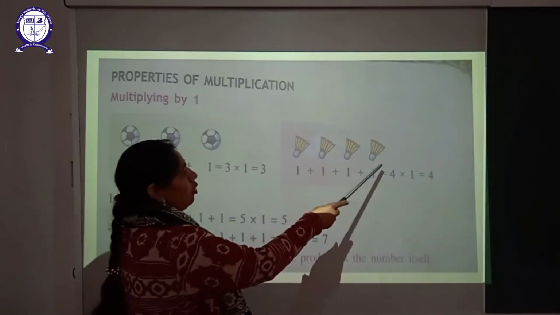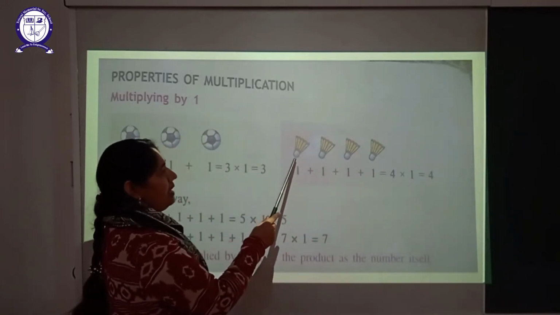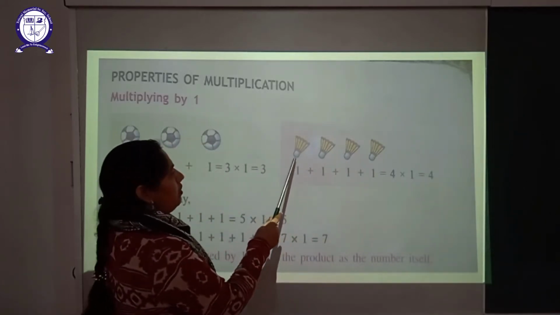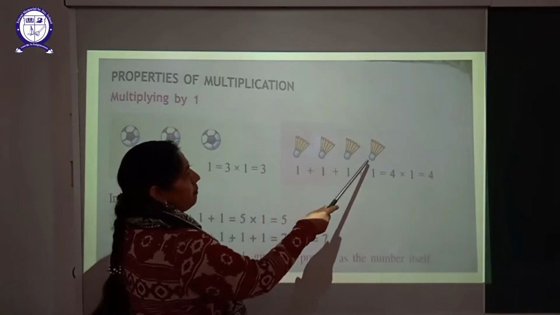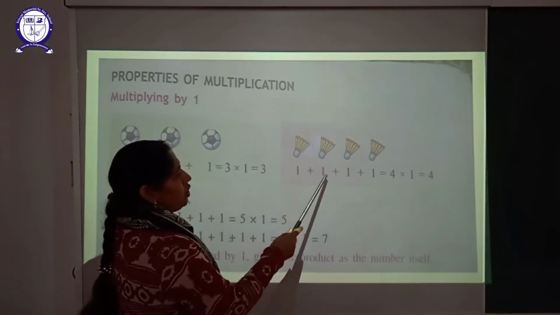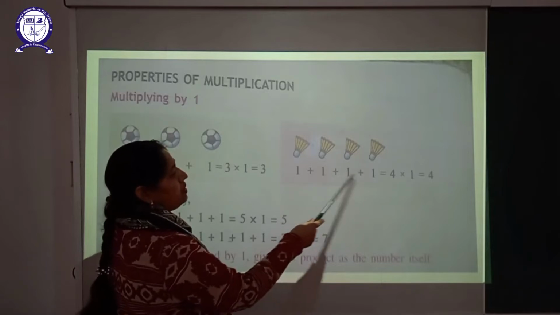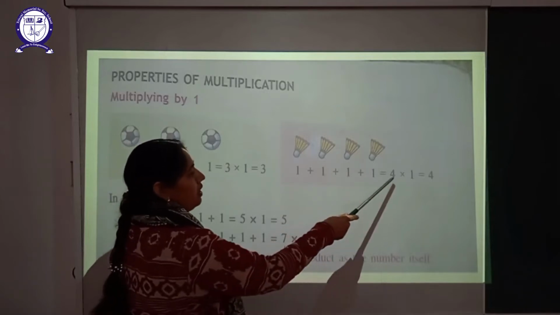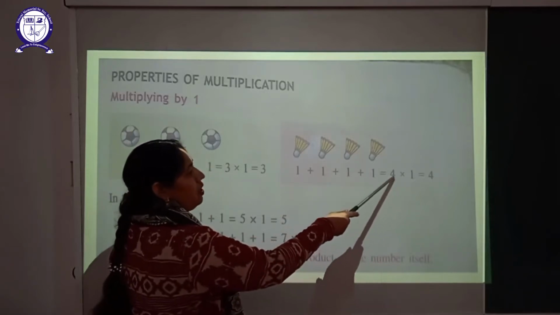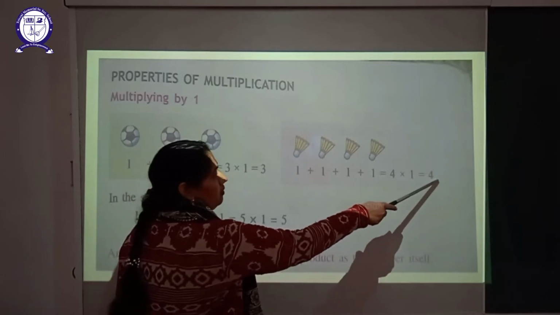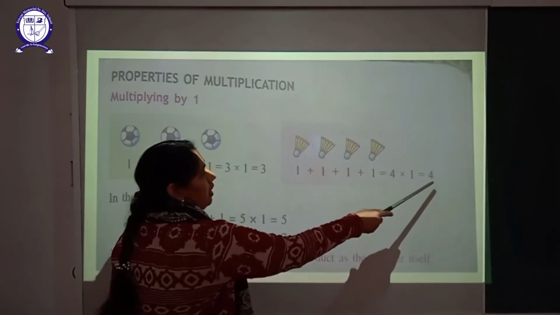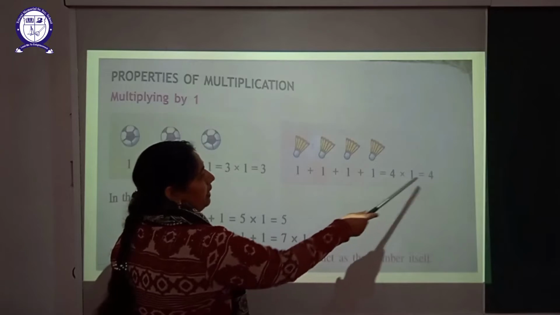There are 4 groups and each group has 1 shuttle. 1 plus 1 plus 1 plus 1. 1 times 1, 2 times 1, 3 times 1 and 4 times 1. So we read 4 times 1 and the product is 4, the number itself.